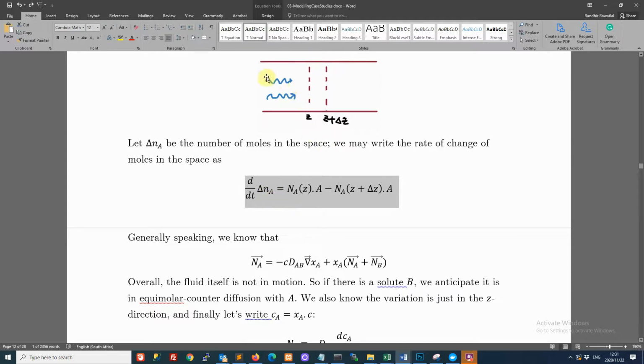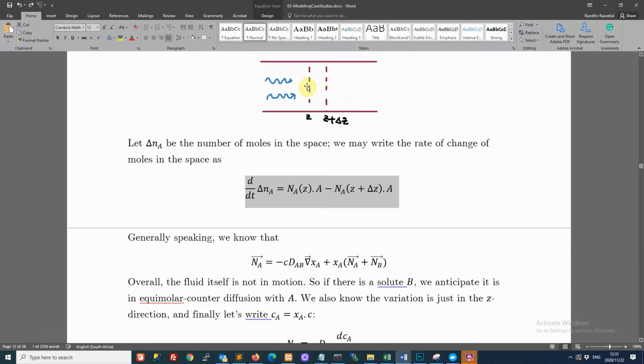And then the number of moles there is going to change depending on how much of A fluxes into this position Z. So you can see entering the space will be the flux at position Z. So there's a certain flux entering here. And then on this side, there's a certain flux leaving the space also. So any flux at Z plus delta Z means we are fluxing out of the space.